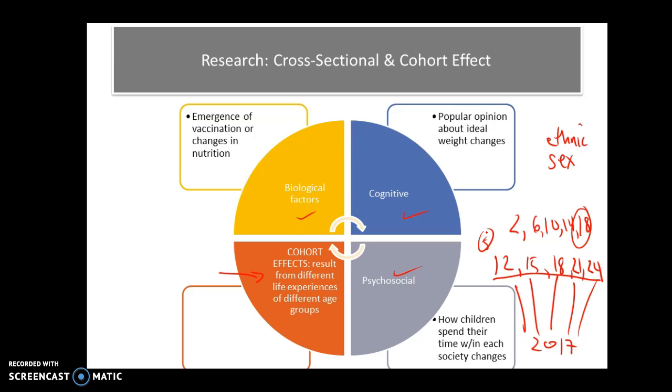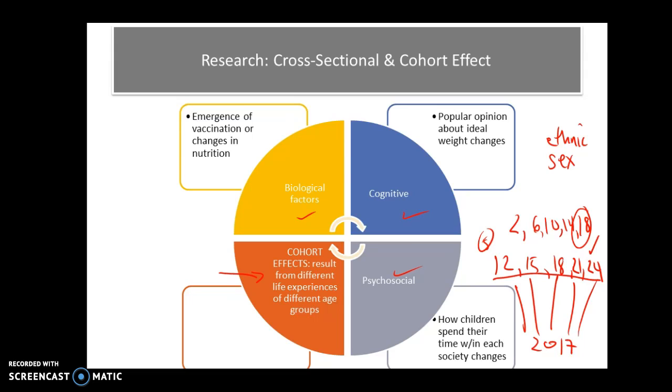Now, obviously, their exposure to STDs will vary depending upon their sexual activity. However, let's say this group over here has a longer period for potentially being sexually active. Let's say members of this group started becoming sexually active when they were 14 years old, and there was no vaccine when they were 14 for the human papillomavirus.